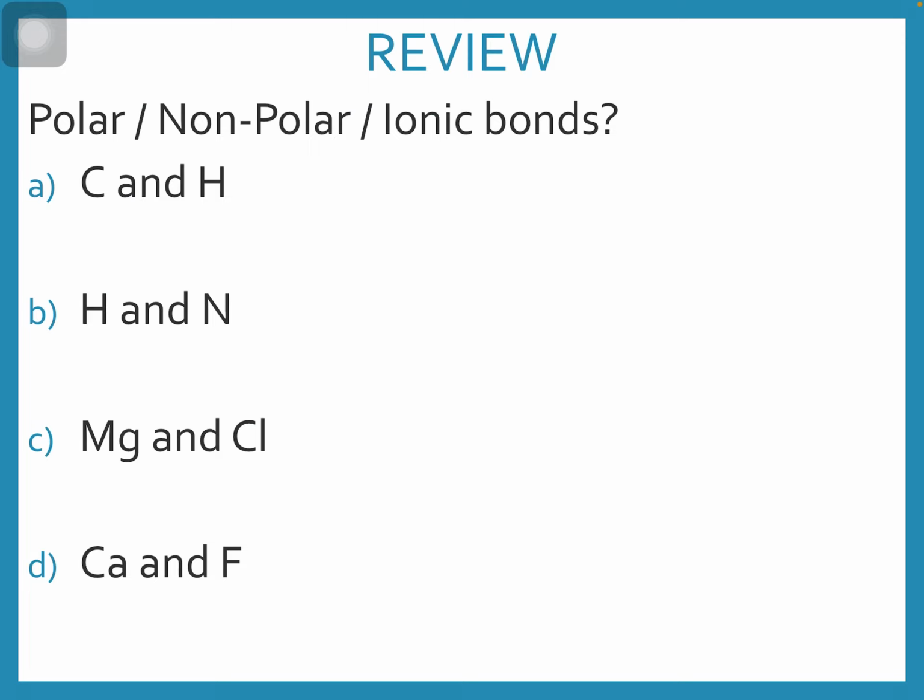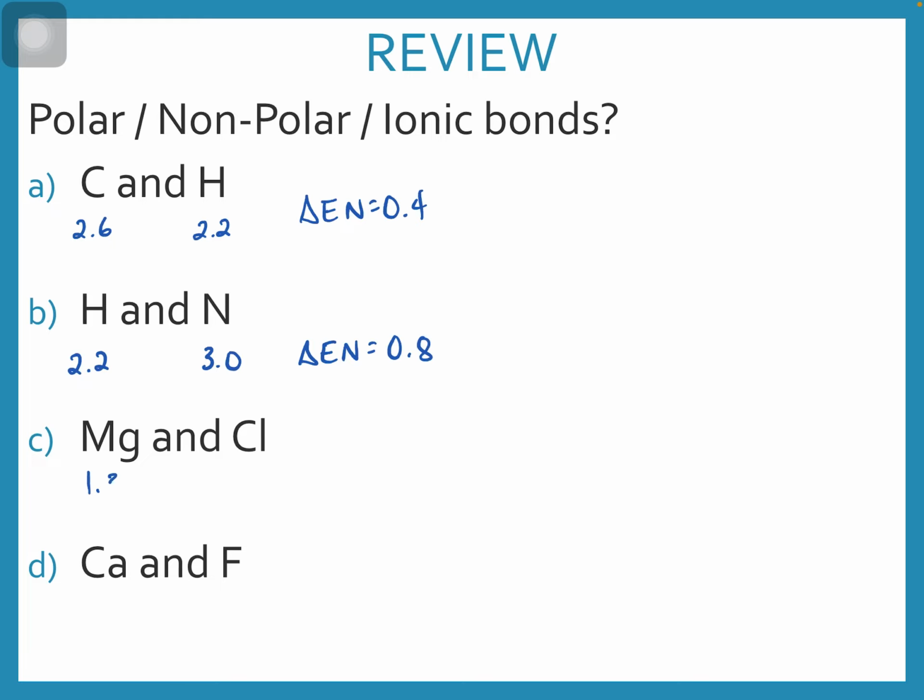Carbon has an electronegativity of 2.6 and hydrogen has an electronegativity of 2.2, so the difference between the two is 0.4. Hydrogen, once again, is 2.2, and nitrogen is 3, so the difference between those is 0.8.